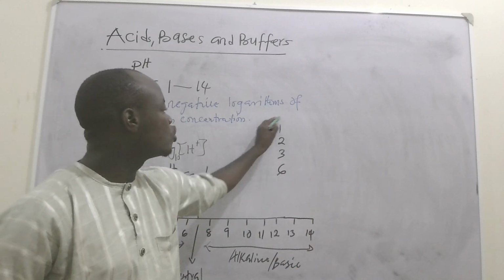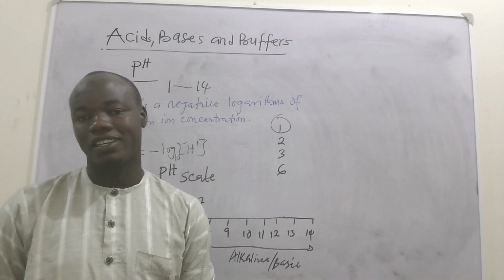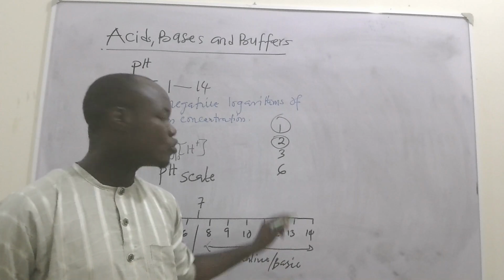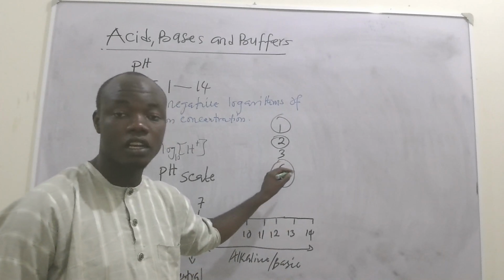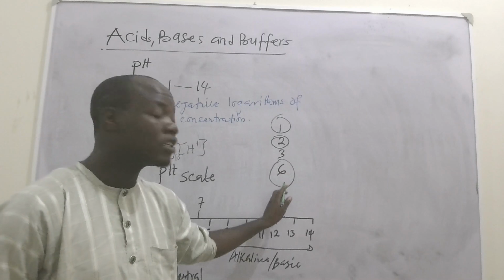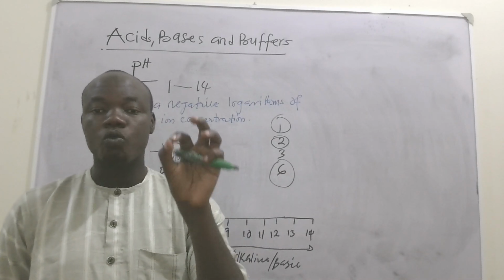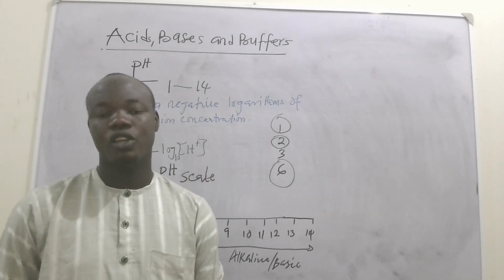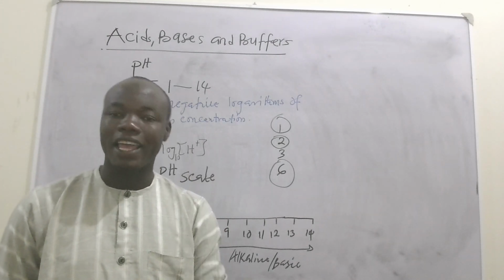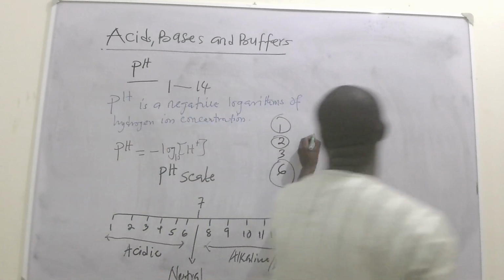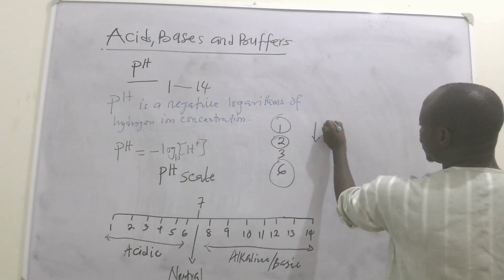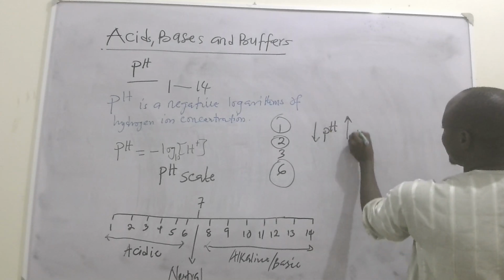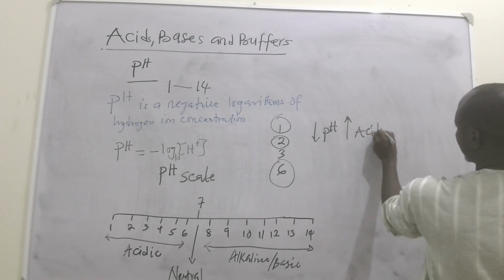The one with a pH of 1 is the most acidic, followed by 2, 3, and 6. The substance with a pH of 6 is a weak acid, or less acidic. So the lower the pH, the higher the acidity.